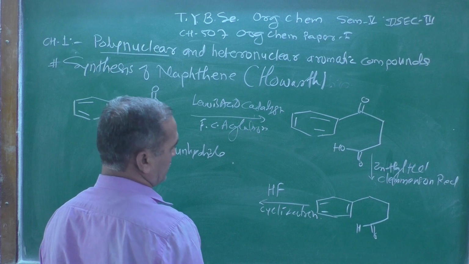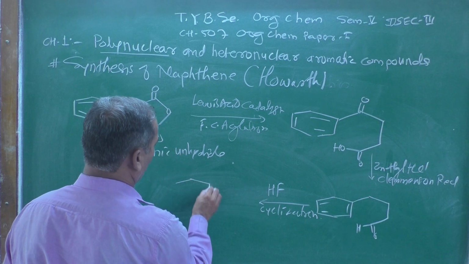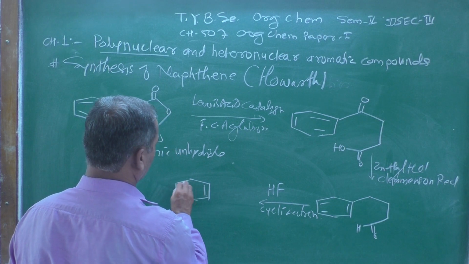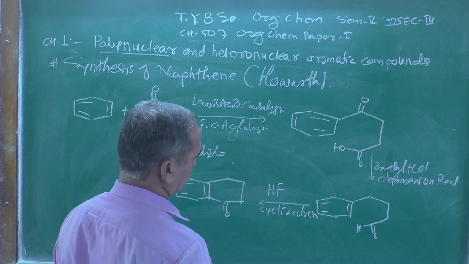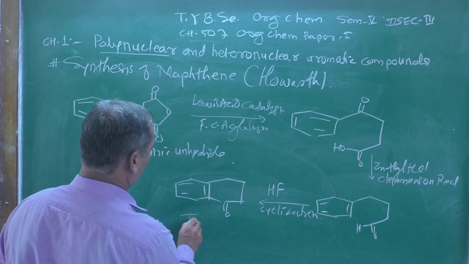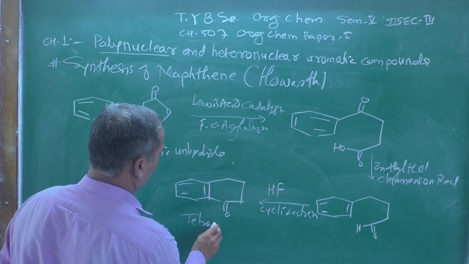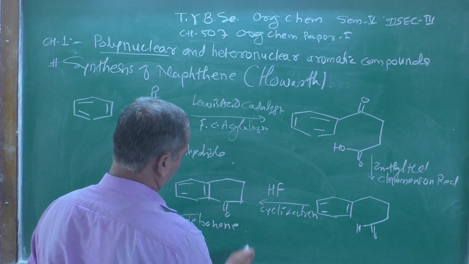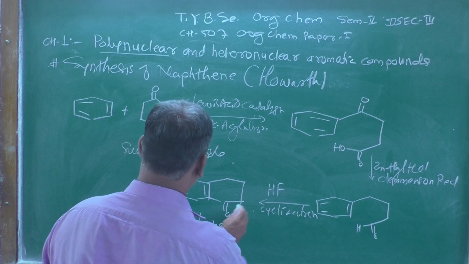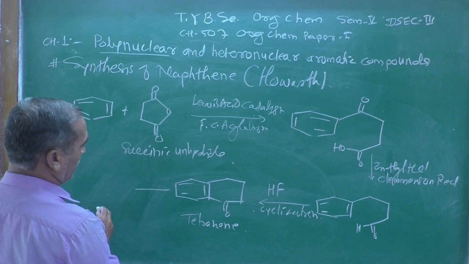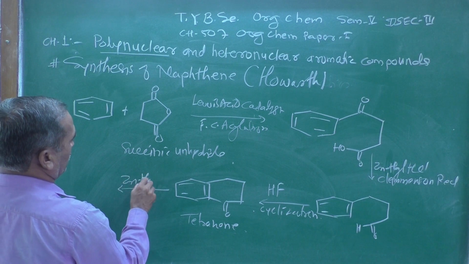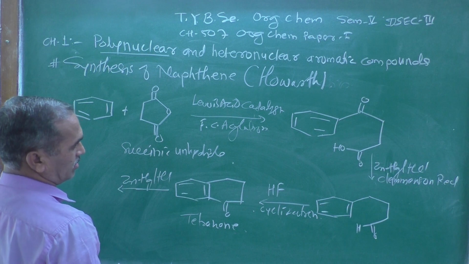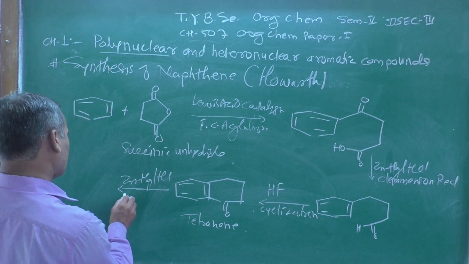After the cyclization took place, he got the product, this one, that is a tetralone, and after that once again there will be ZnHg in presence of HCl, which is Clemmensen reduction.